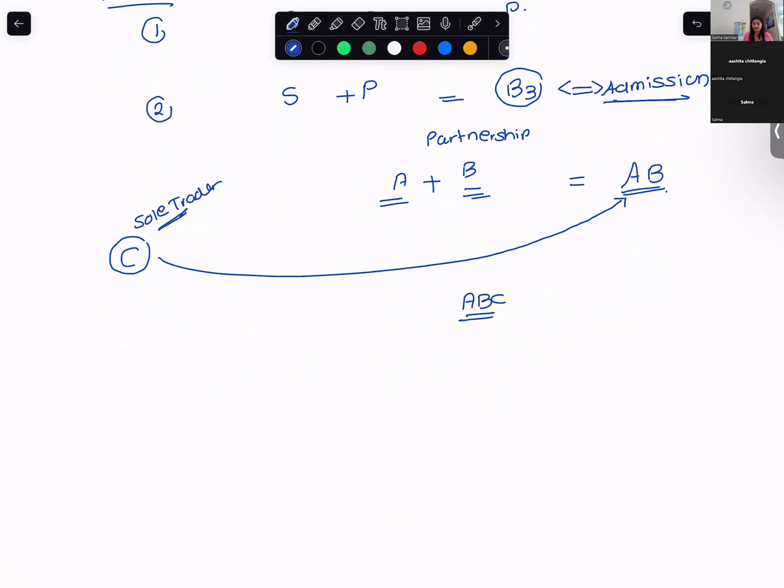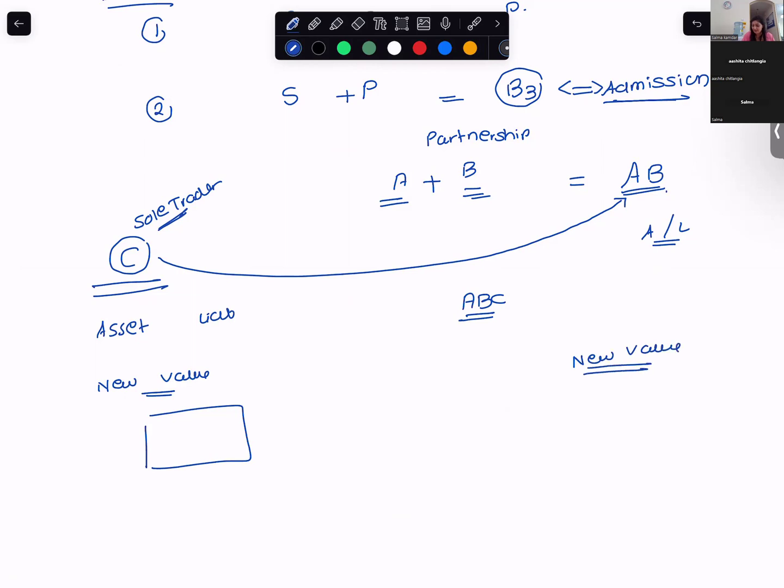When they merge up to become A, B, and C, C might also have his assets and liabilities, and A, B also have their assets and liabilities. There will be new values for the C's assets and liabilities, and new values of A, B's assets and liabilities when we merge up, and both of these are added. Are you with me?